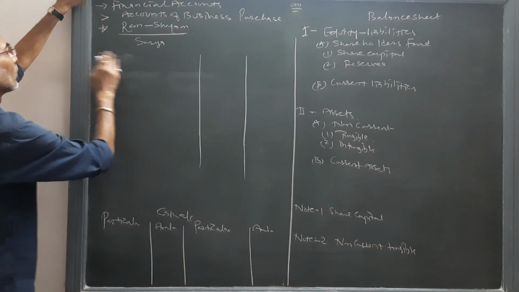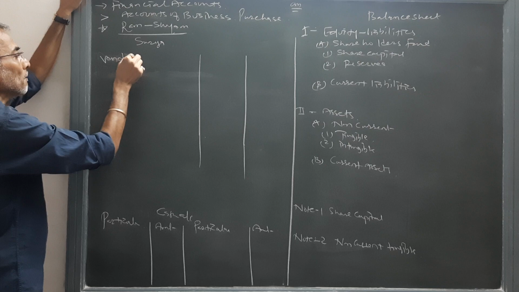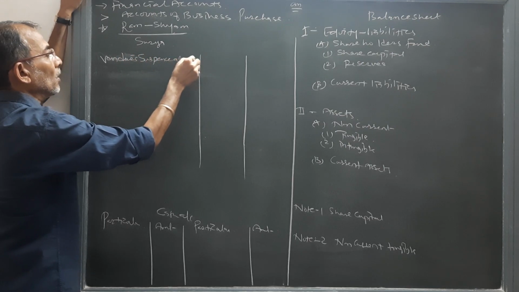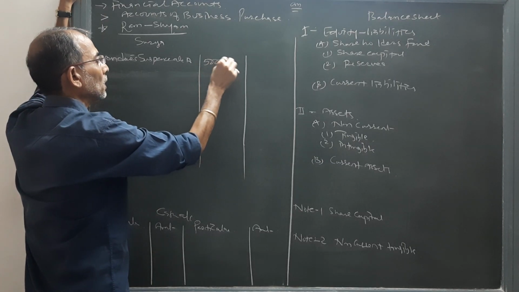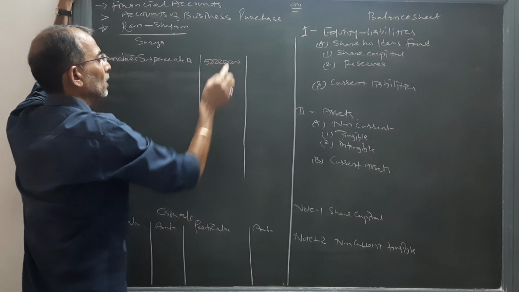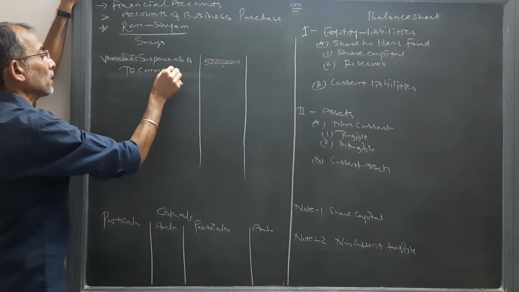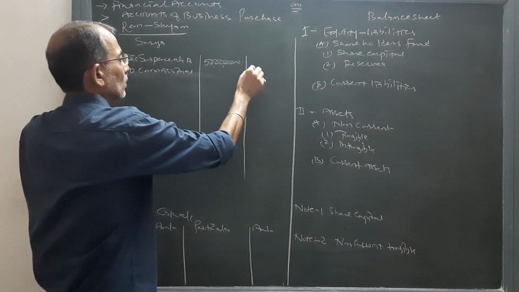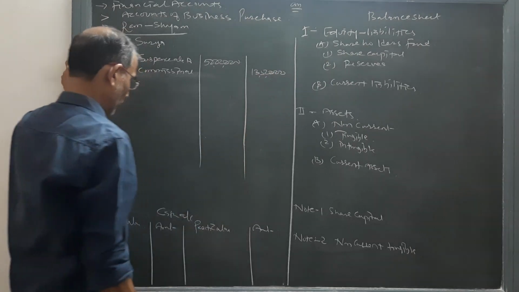So vendor suspense account will be debited 50 lakh to commission account 13 lakh 50,000.